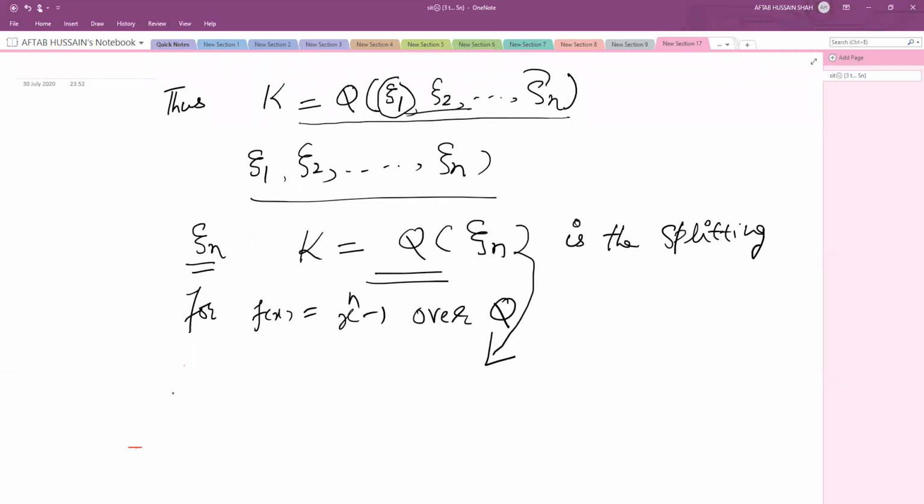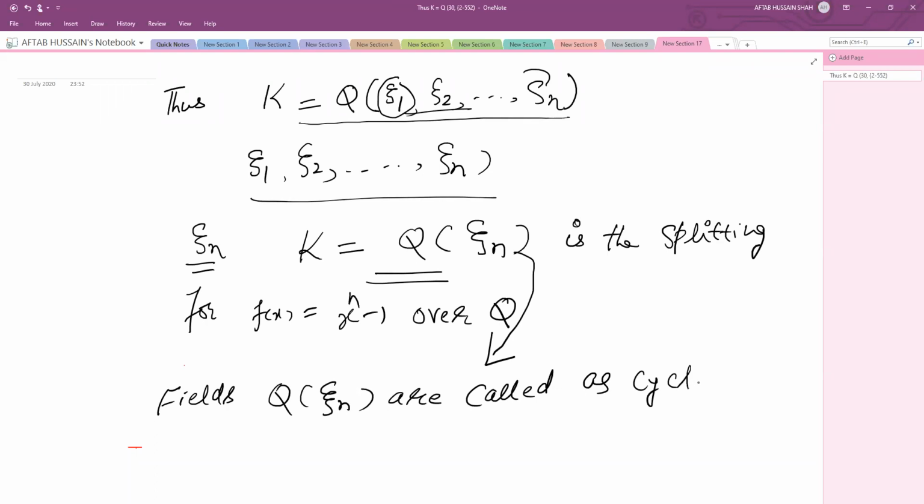Fields of the form Q(zeta_n) are called cyclotomic fields.